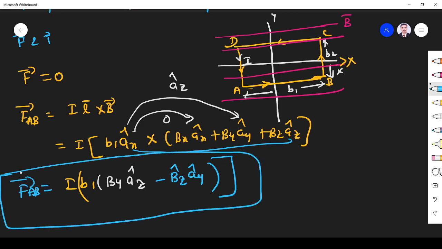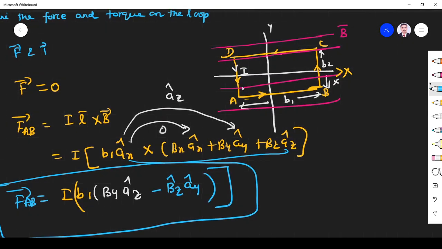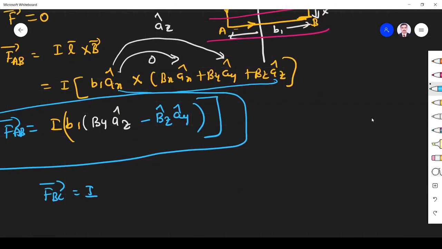Similarly, we can find FBC. FBC is given by I into L, where L is along B to C, the positive ay direction. The length is B2.